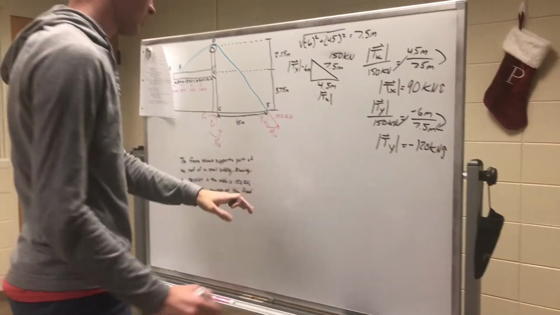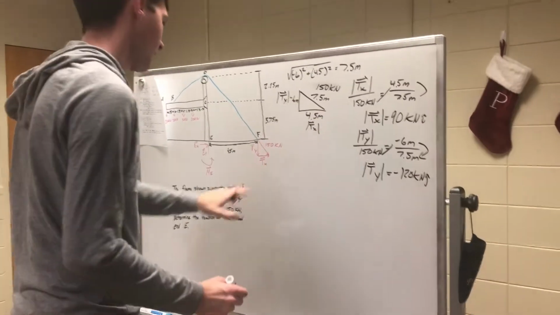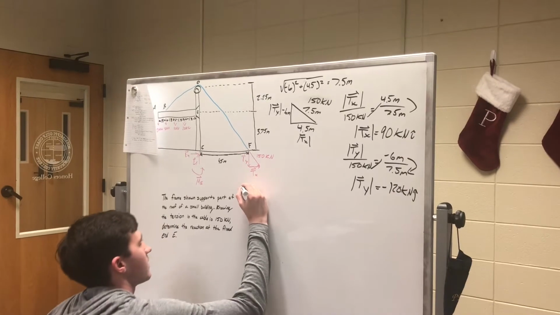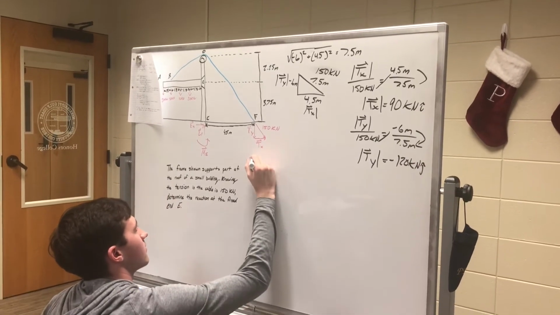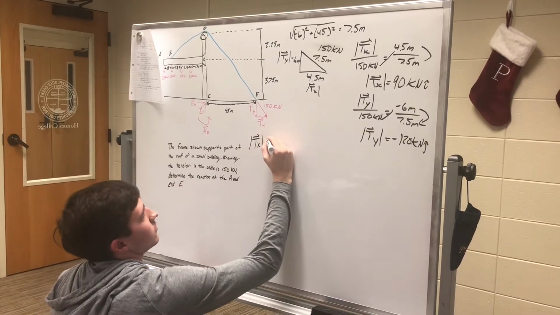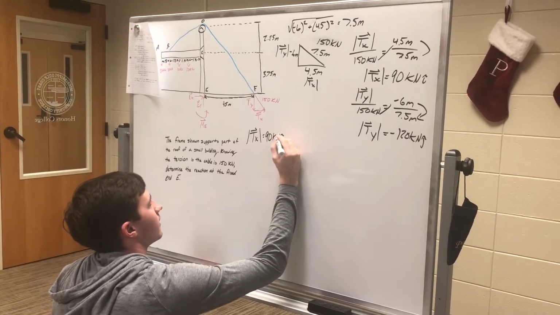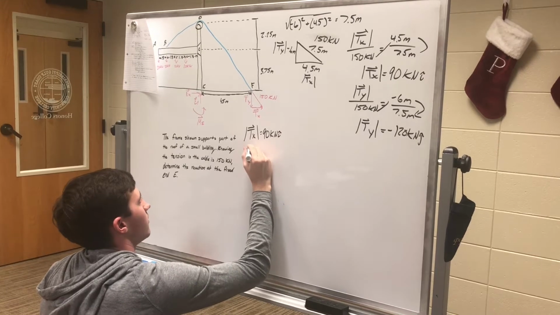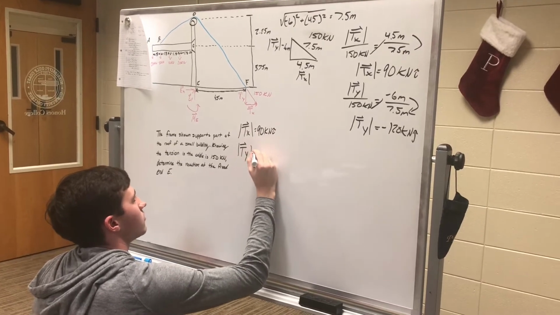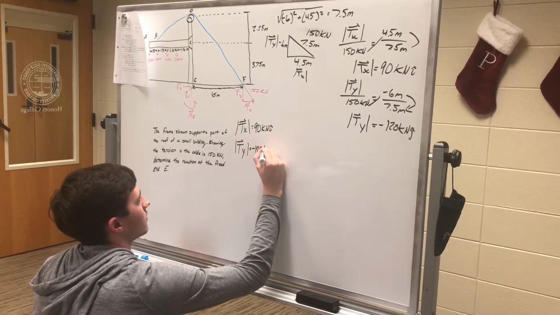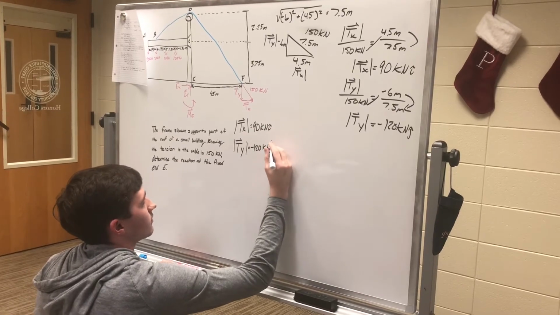Now to save space, I'm going to write these values over here. So the tension X is equal to 90 kilonewtons I, and the tension Y is equal to -120 kilonewtons J.